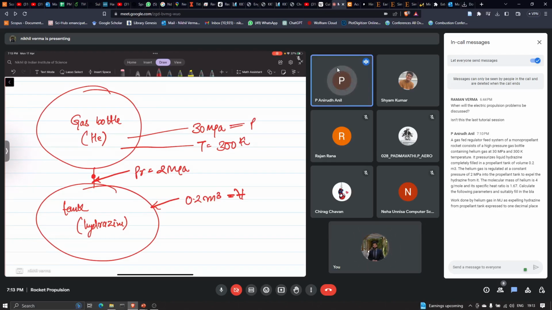Sir, the work done is equal to the change in internal energy when the system is in adiabatic condition, I guess. So we can assume this as adiabatic condition, right? Nowhere is it written that there is heat loss from the system, so we can assume that this is an adiabatic system.